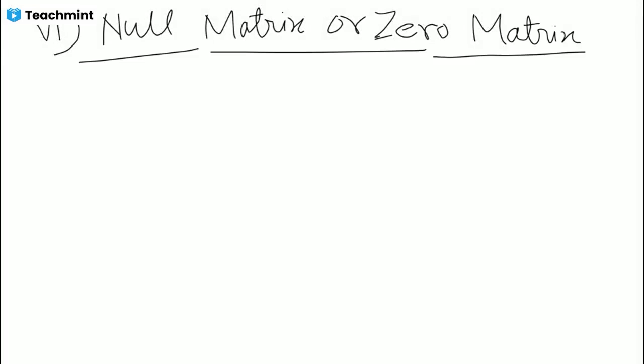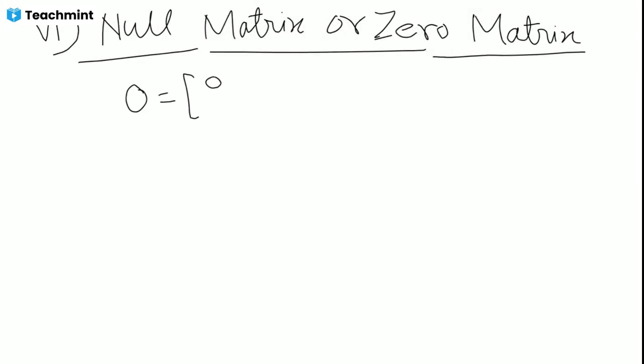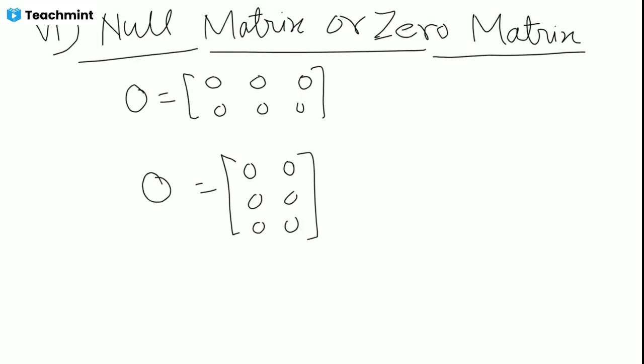All its elements are 0 and we can take any order. It is always denoted by O. O is equal to a matrix of zeros having this order. It can be square or non-square both.